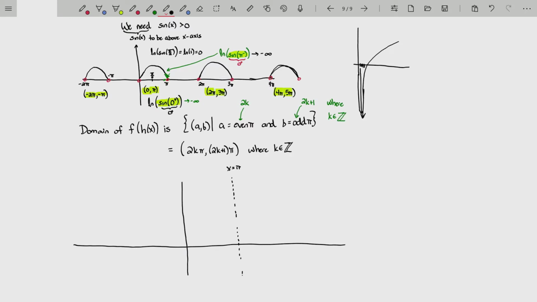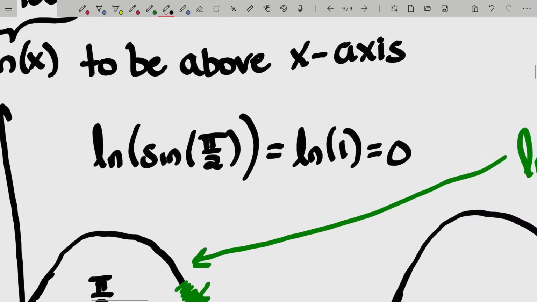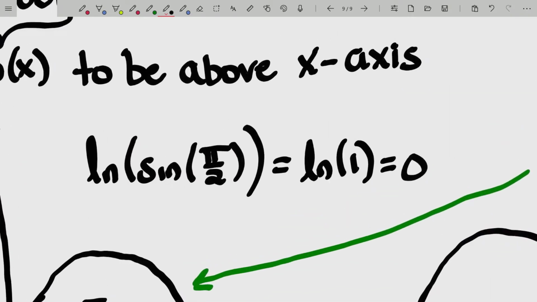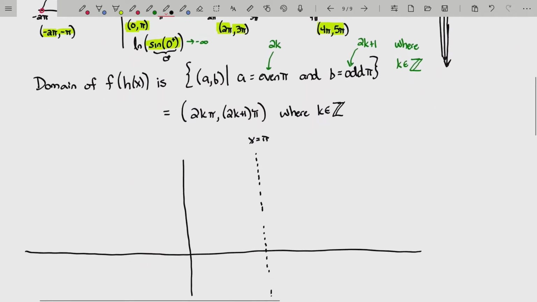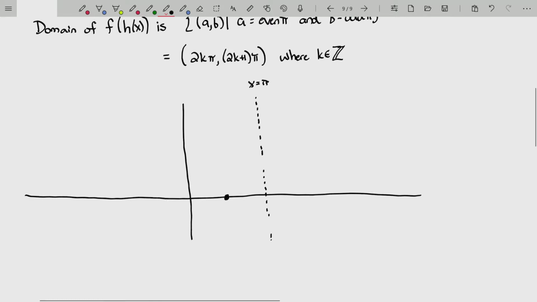And what we said was, at pi over 2, halfway between, the sine of pi over 2 is 1, natural log of 1 is 0. So it should look something like this at pi over 2. But then we said as the x values are approaching pi, the y values drop down to negative infinity, and the same thing over here.